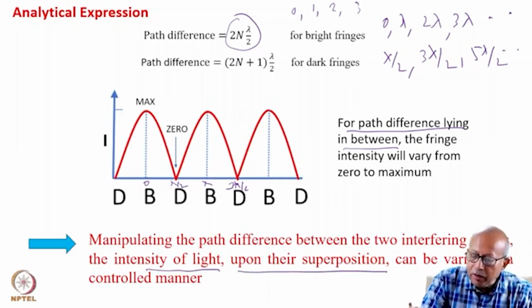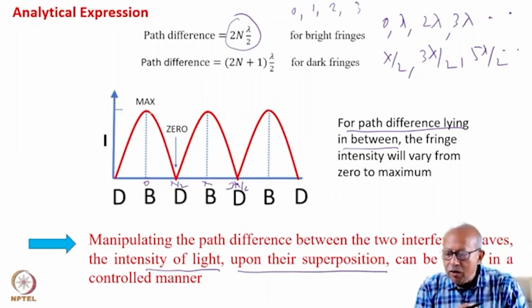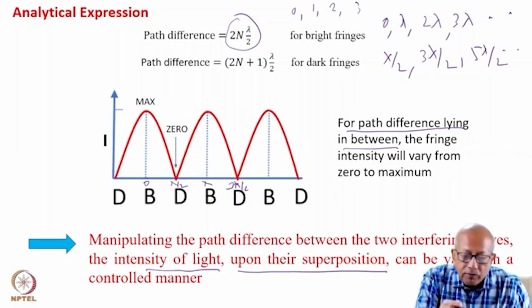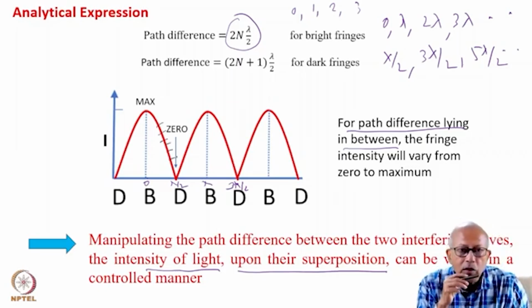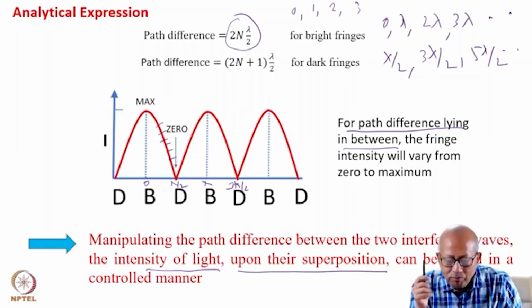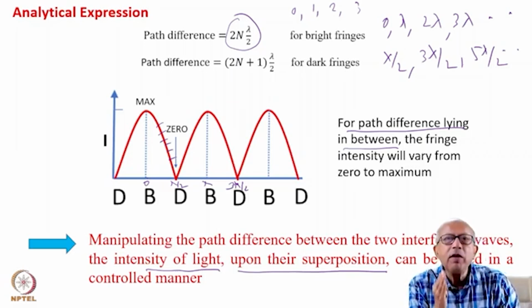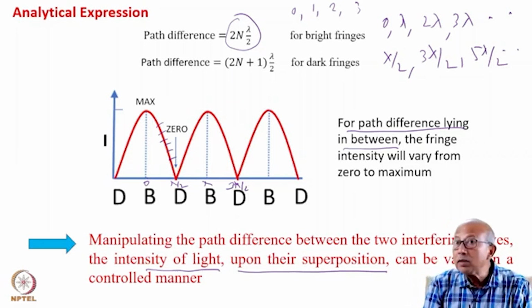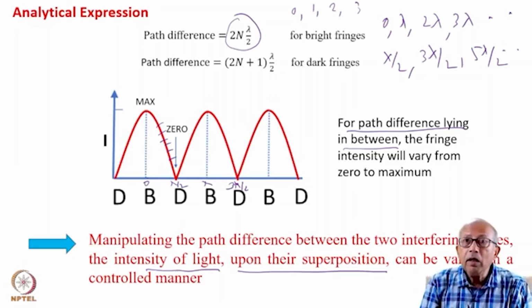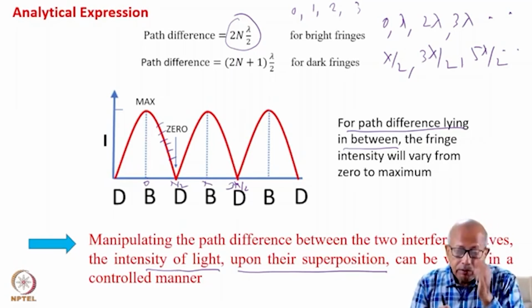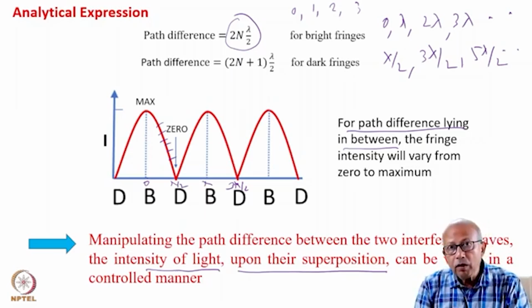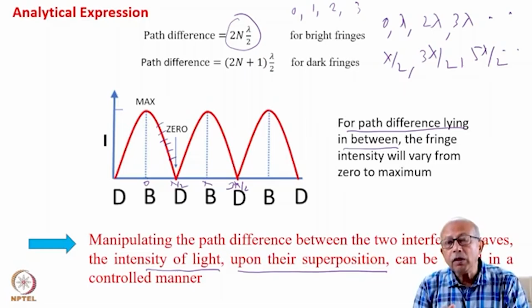If you can vary the path difference, the intensity after the waves interfere can be manipulated. So this is a very important conclusion. This can be exploited in fabricating partially transmitting mirrors, which are a prerequisite for making a laser.